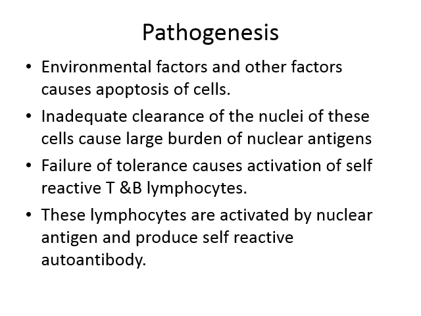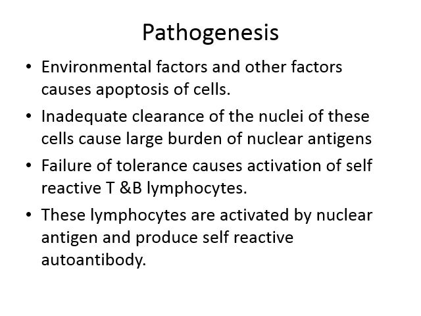Now the pathogenesis of SLE. There are some environmental factors and other factors that cause apoptosis of cells. Inadequate clearance of the nuclei of these cells causes a large burden of nuclear antigen. Failure of tolerance causes activation of self-reactive T cells and B lymphocytes.